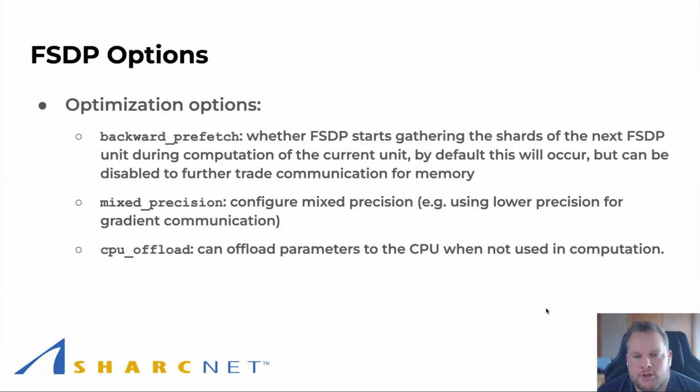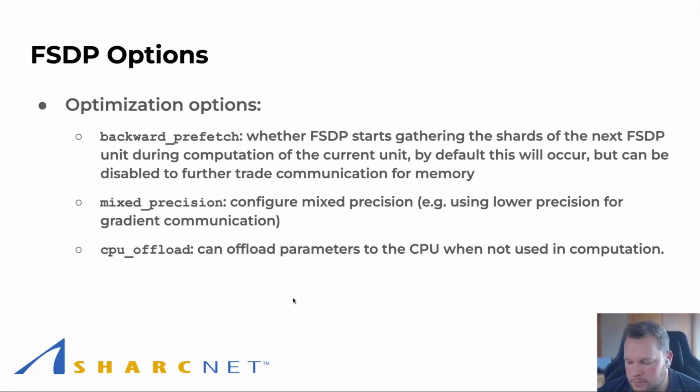There are also mixed precision options. This is a whole other bag of very customizable options, where you can go layer by layer, or FSDP unit by unit, with different mixed precision policies. So different layers can be using lower precision for the gradient communication versus calculation, that sort of thing. And then the final option is CPU offload, in which we can offload parameters to the CPU when not in use in computation.